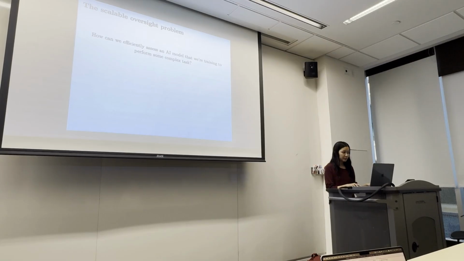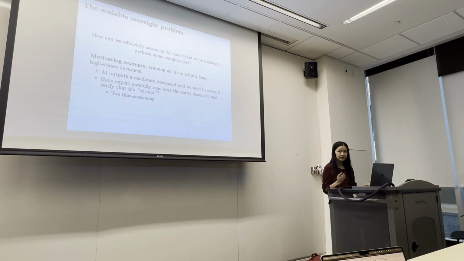So we could consider a concrete example. Let's think about the scenario where we're training an AI to write some sort of long, high-stakes document, like a legal document, for instance. During training, the AI is going to output some sort of candidate document, and we'll need to assess it. We'll need to say whether the document is good or bad.